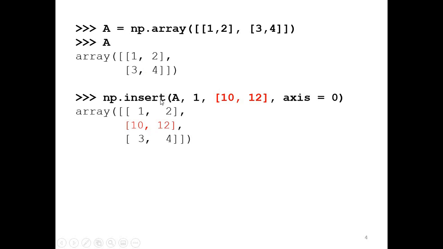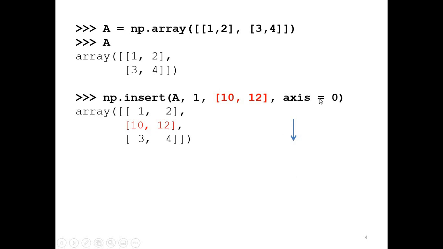With insert, it will insert here in the first position. So this is now the 0th element, this is the first element, and this is the second element. It will push this away, but in which direction? In this vertical direction.